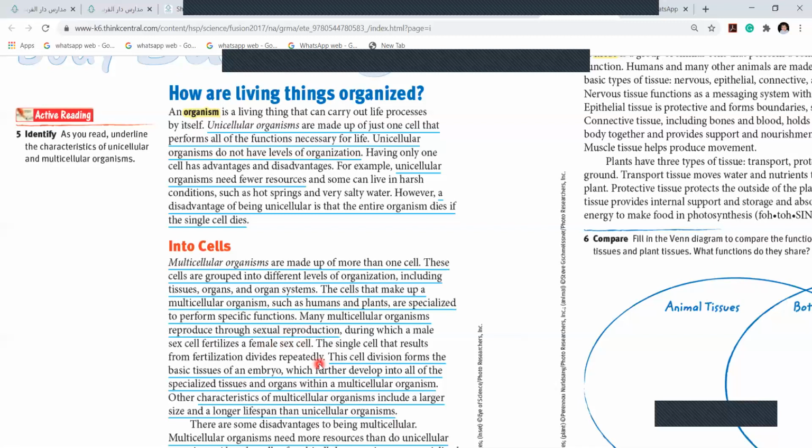Multicellular, mostly they reproduce through which reproduction? Sexual reproduction, in which they have both the female sex cell and the male sex cell. Now, the cell divides. It forms an embryo which further develops into all the tissues and organs of the multicellular organism.